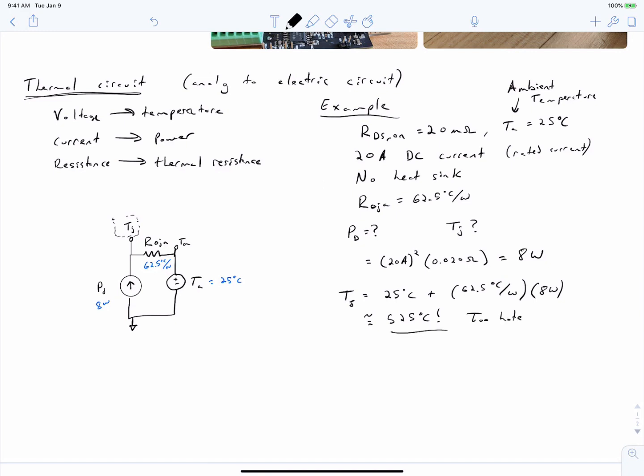The maximum junction temperature that the data sheet specifies is approximately 150 degrees Celsius. So clearly we are going to melt this device even though we are flowing the rated current, or actually slightly below the rated current. And the reason for that is that we did not use a heat sink. So if we did not put a heat sink on this device and we flow the rated current, we will destroy it. Let's now talk about heat sink selection.